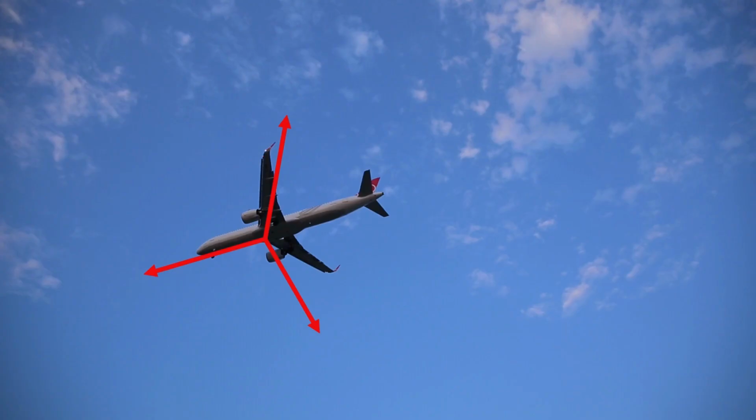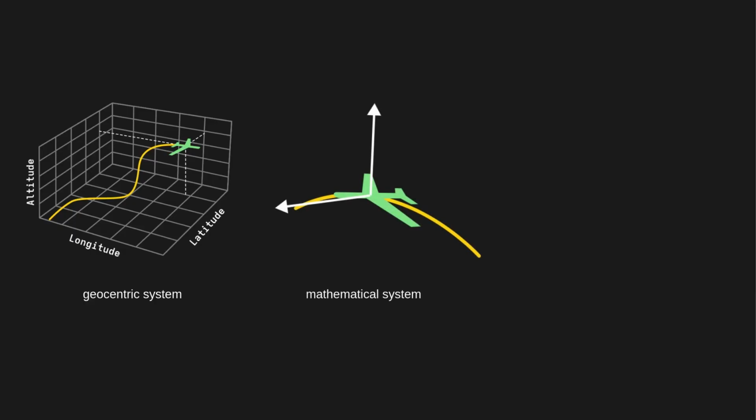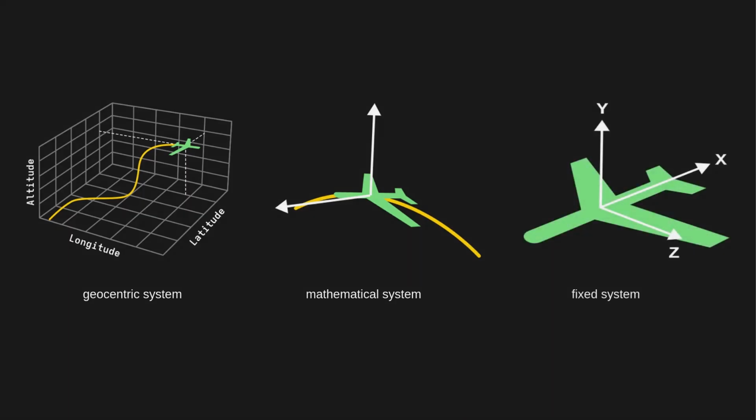For example, we could use a geocentric system based on latitude, longitude, and altitude, or use a fancy mathematical system tied to the aircraft's velocity, curvature, and torsion, or the most common one, a system that's fixed to the aircraft itself, moving and rotating right along with it. And that's usually the one we go with in aerodynamics. But here's the thing: no matter which system you choose, the actual physics doesn't change.